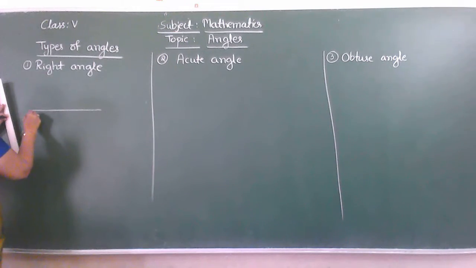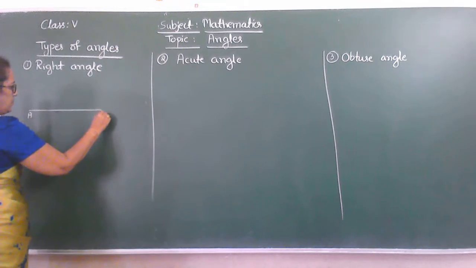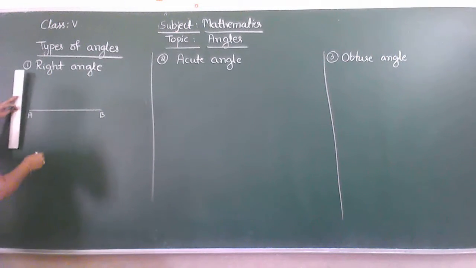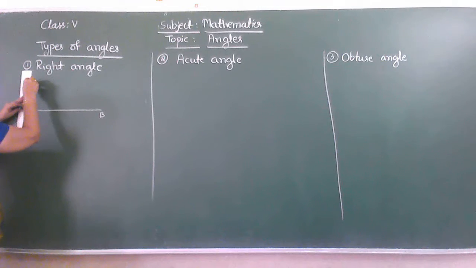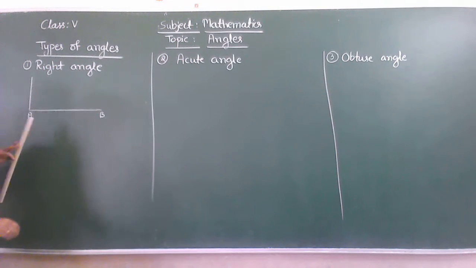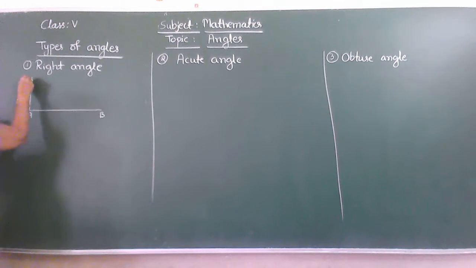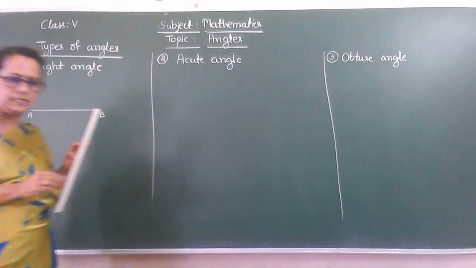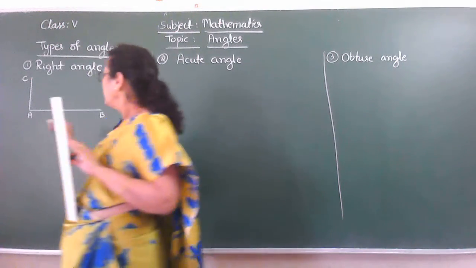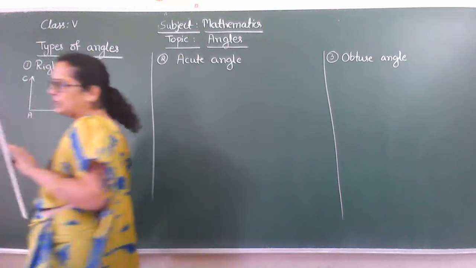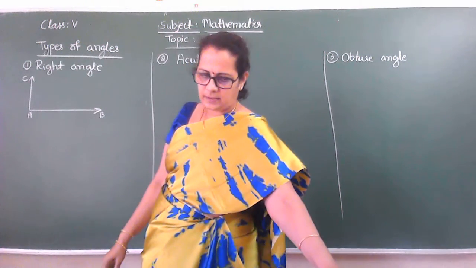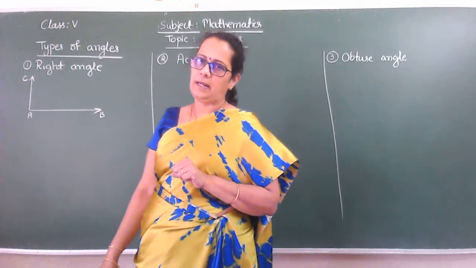Let us call this A and B. Now draw a perpendicular line to it, like this. Let us call this C. Okay, children, now write the arrow mark. This is how to draw a right angle.